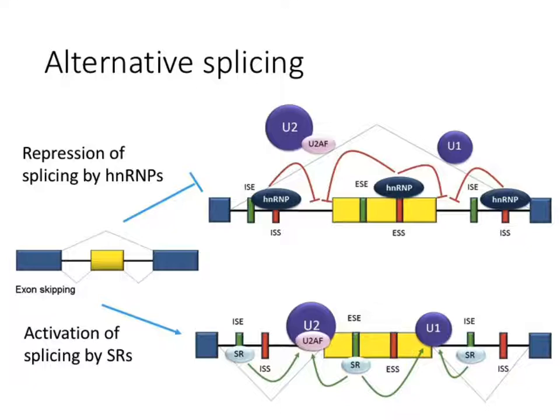The others are what are known as SR proteins, or serine-arginine proteins. They're rich in those two amino acids. E2 actually will bind to serine-arginine proteins and direct where splicing is going to occur.